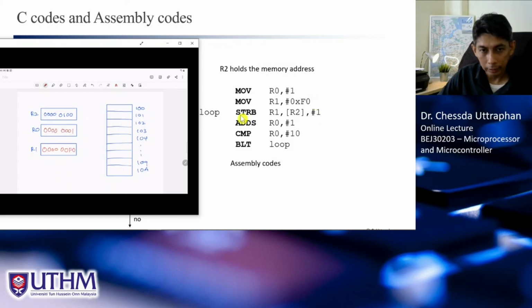And now we store R1 into what is pointed by R2. So we store the content of R1, which is this, into the memory location pointed by R2. Our R2 is this, so it will go to this location. And the size is byte, store B, which means F0 will go to this location.